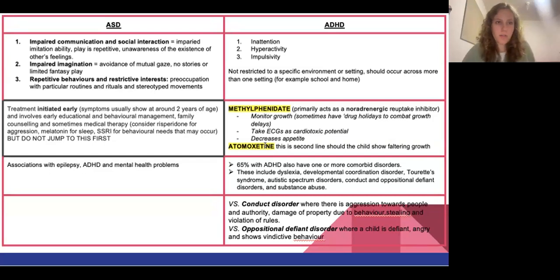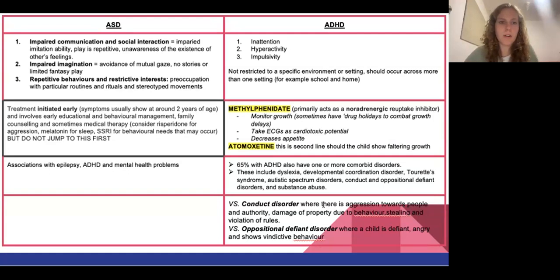It's always non-pharmacological management first. So family therapy, parent training to help them manage the child, teacher training, learning support, that kind of thing. So that's always first. And then if they have no other choice, you can give them methylphenidate, although it has quite a few possible side effects, so it can stunt growth.